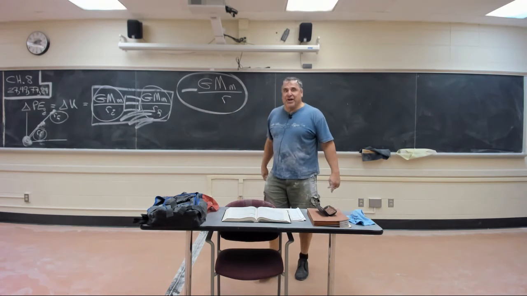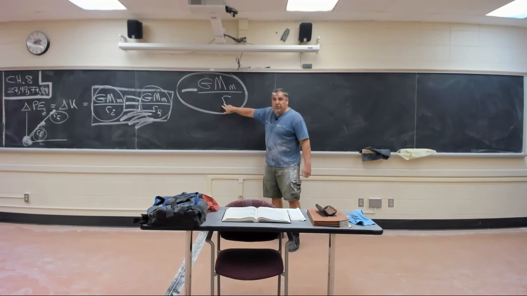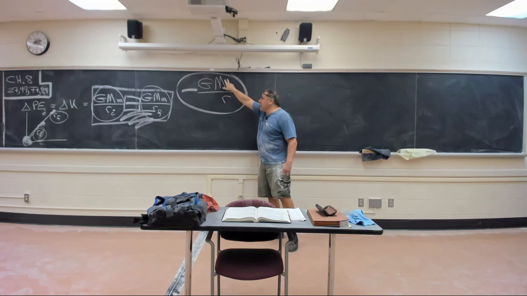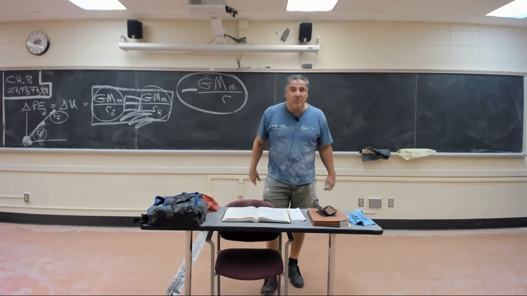In this logic right here, if R goes to a very, very big number, what is G big M small m divided by a very, very big number? It's something close to 0.